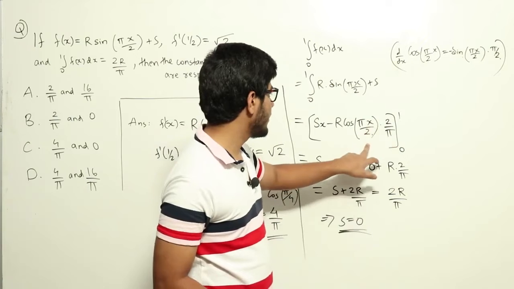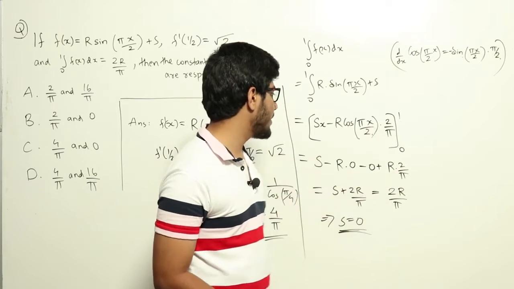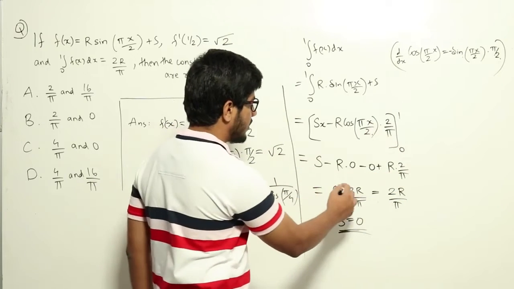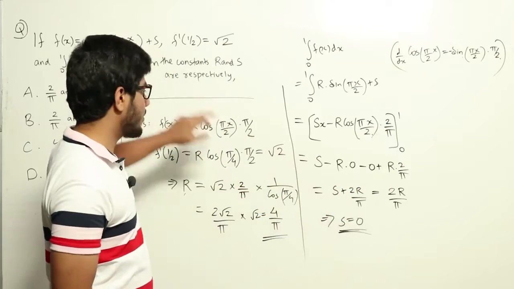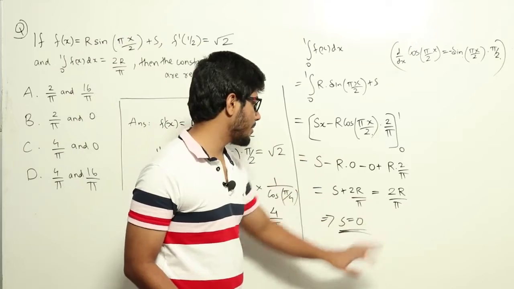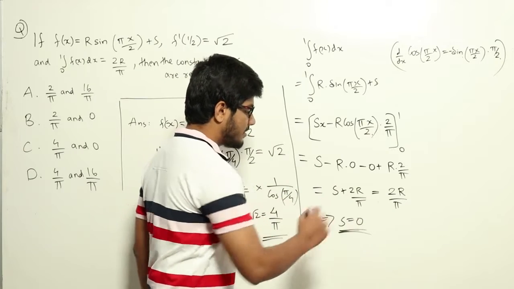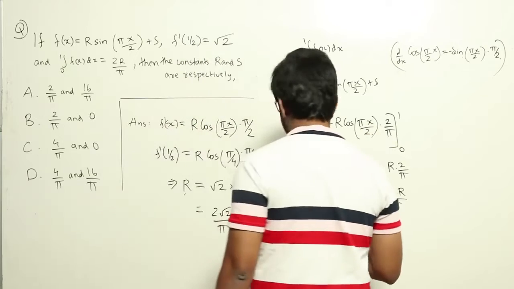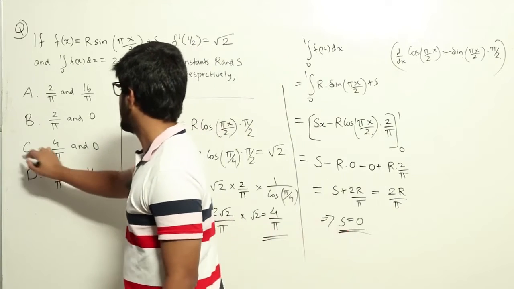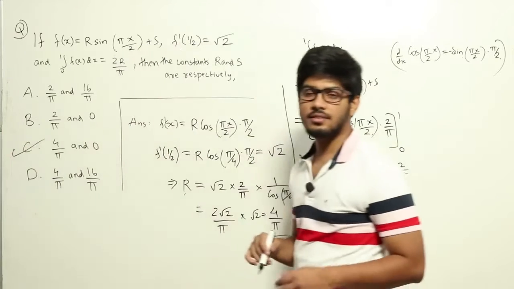Cos 0 is 1. So r into 2 by pi. So we get that equal to s plus 2r by pi. In the question it was given that the integral was 2r by pi. So we can equate it to 2r by pi. From there we get s equal to 0. So r is 4 by pi and s is 0. C is the answer.